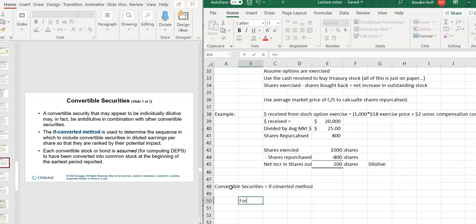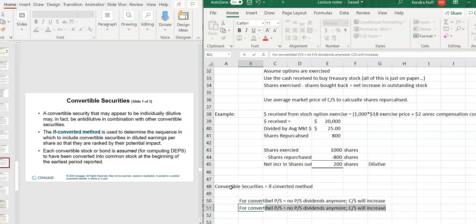Okay, so for convertible preferred stock, that means that no preferred stock dividends anymore, and common stock will increase when it's converted.